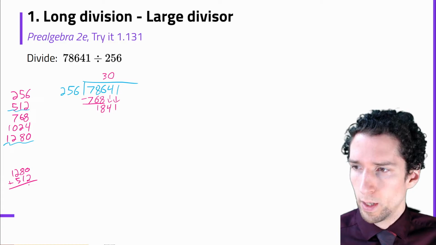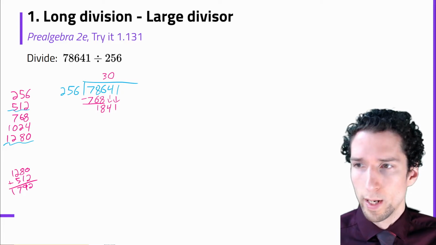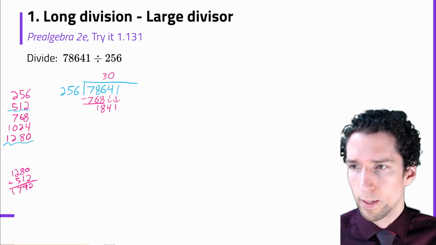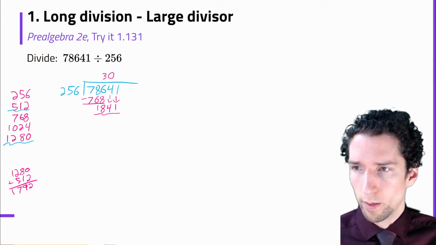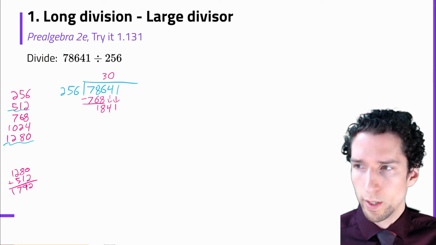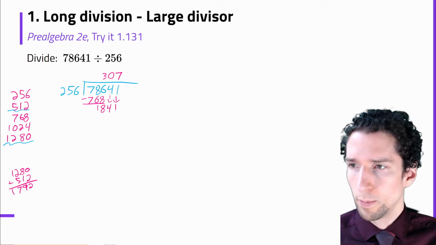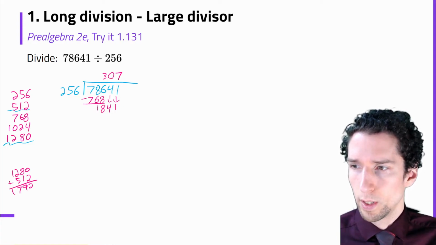If we add these, that's 2, 9, 7, and 1. So 1,792. That's just a little bit less than this kind of number here, our target. So looks like it will cleanly go in 7 times. So 7 times 256, we just figured out, 1,792.